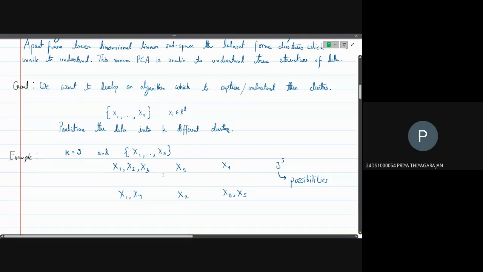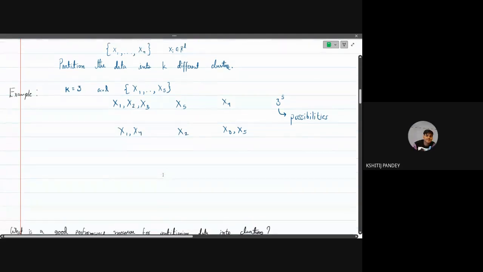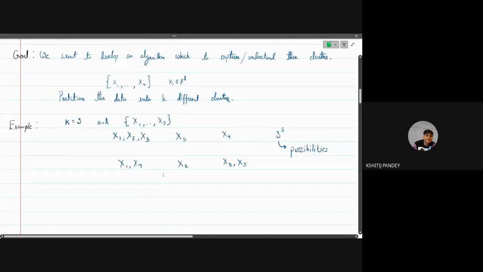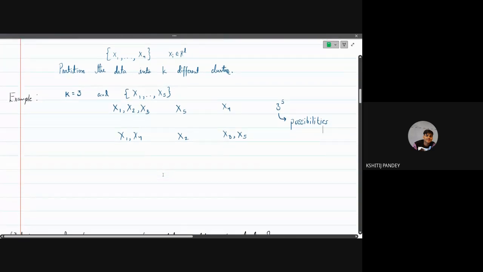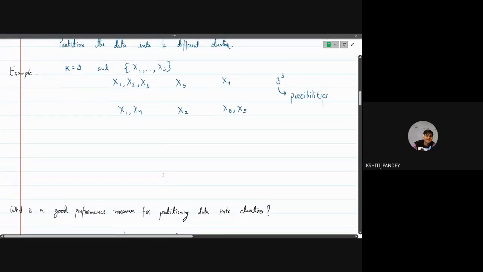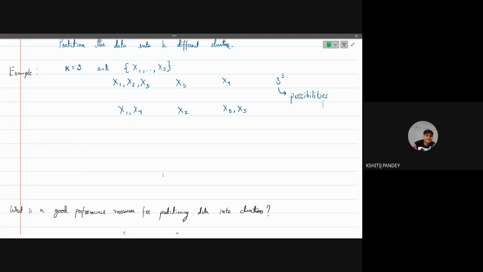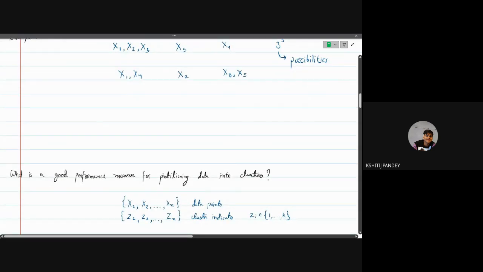Okay, thanks. So now let's move ahead. What's our goal now? We know that we want to partition our data set into some K clusters. We'll have different ways of clustering, right? So we want to understand what is a good performance measure for a particular data set.